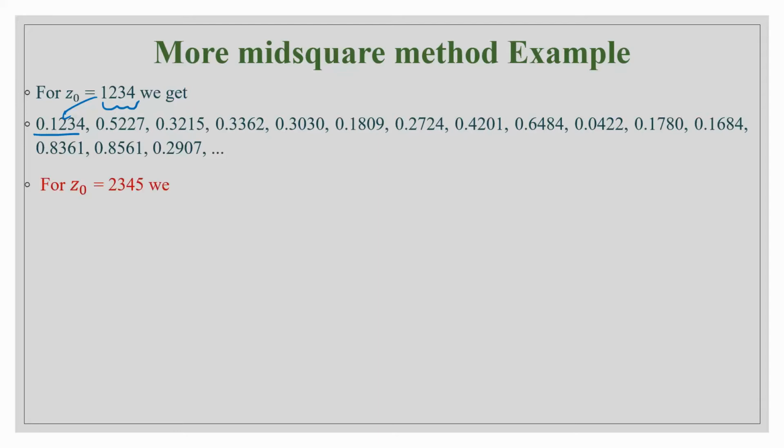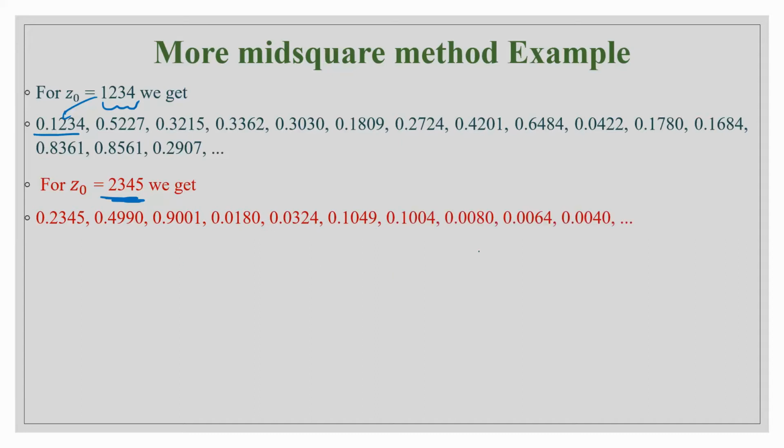Now if you choose this, you get this sequence of random numbers. Again you can see the problem that this 0 0 is persisting, and this shows that the numbers are not generated uniformly between 0 and 1, but are biased towards 0, because all the random numbers are generated near 0.